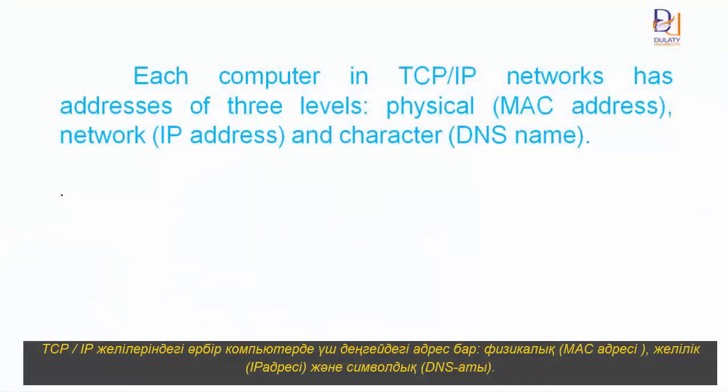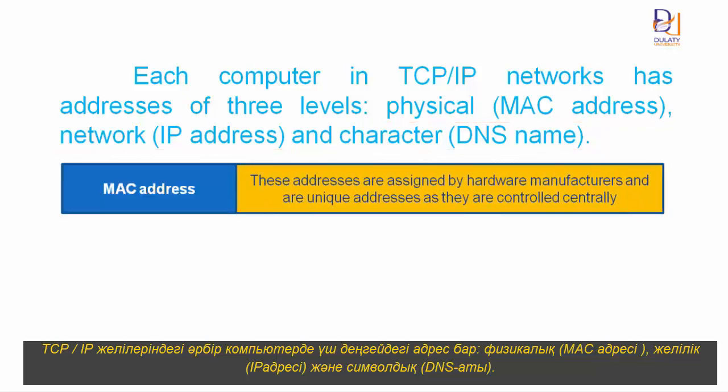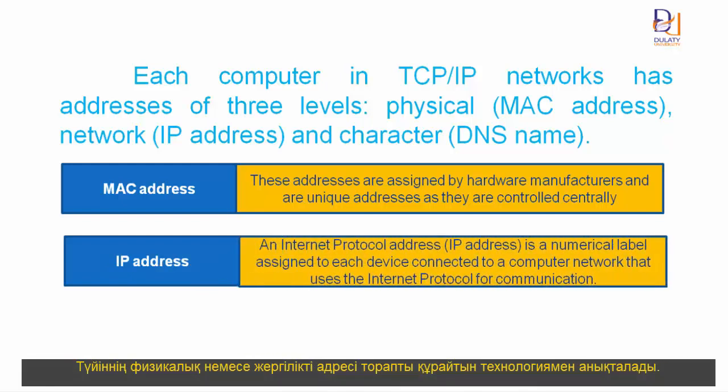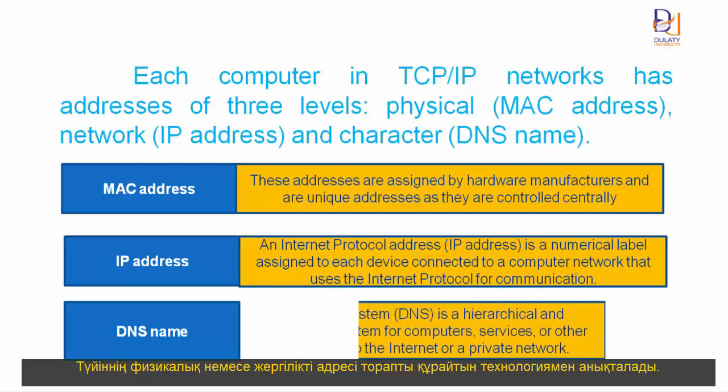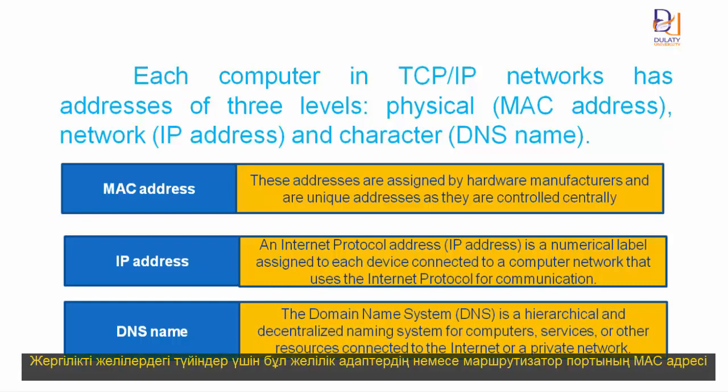Each computer in TCP/IP networks has addresses of three levels: physical MAC address, network IP address, and character DNS name. Physical or local node address is determined by the technology by means of which the network containing the node is built. For nodes in local area networks, this is the MAC address of a LAN adapter or router port.